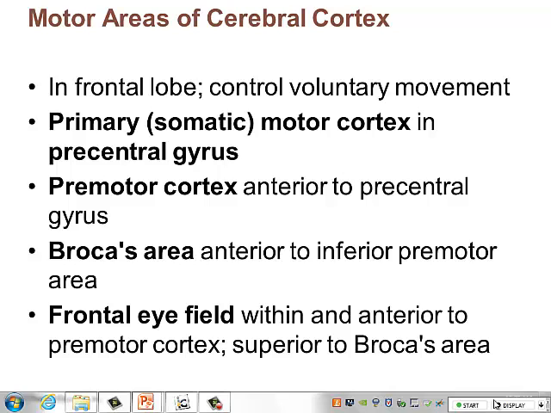We're going to talk about what they do in a minute. This is just saying where they are. Anterior to inferior premotor area. You don't have to remember it like that. Just be able to point to it. Look at some of these diagrams. The one on page 434 shows us where these areas are.